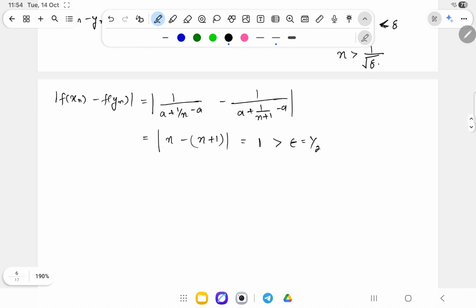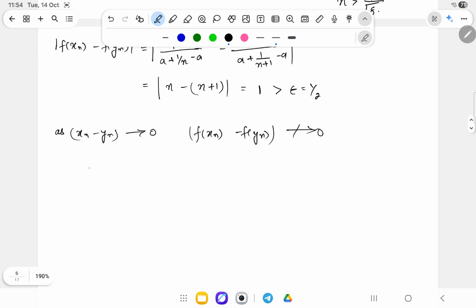So we got that as x_n minus y_n approaches 0, f(x_n) minus f(y_n) doesn't approach 0. So this basically contradicts the sequential criteria of uniform continuity. So we get that our function f(x) is not uniformly continuous on the interval (a, b].